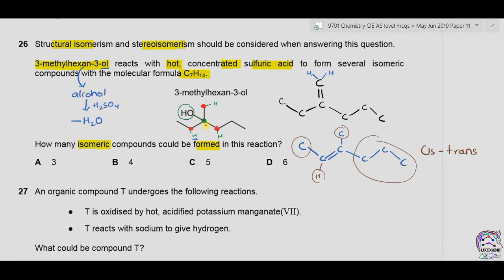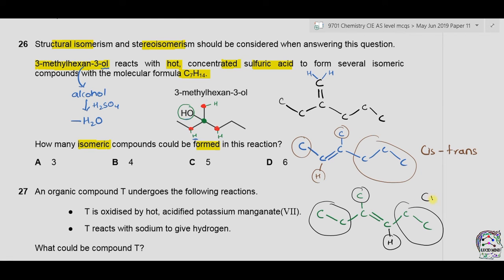For the third product, the double bond will come between these two carbon atoms. So again we can draw the structure. You can see that the double bonded carbon is bonded to two different groups, one hydrogen atom and one is this group.